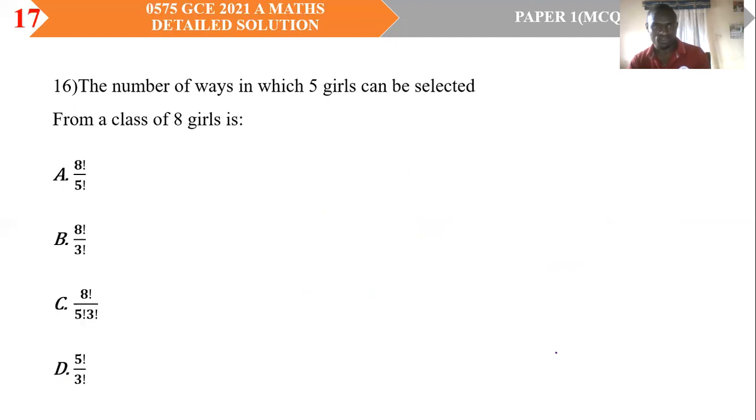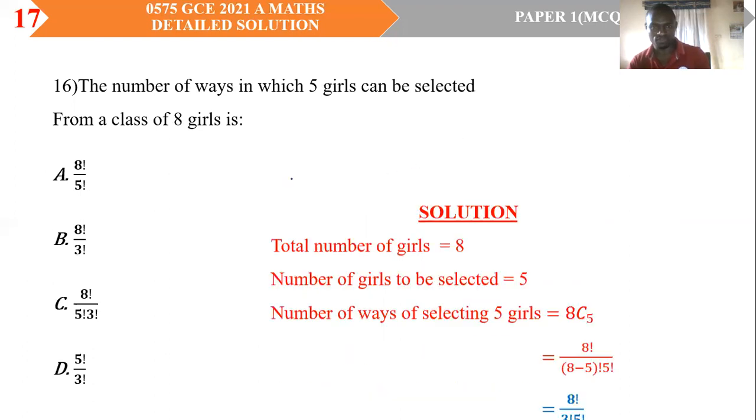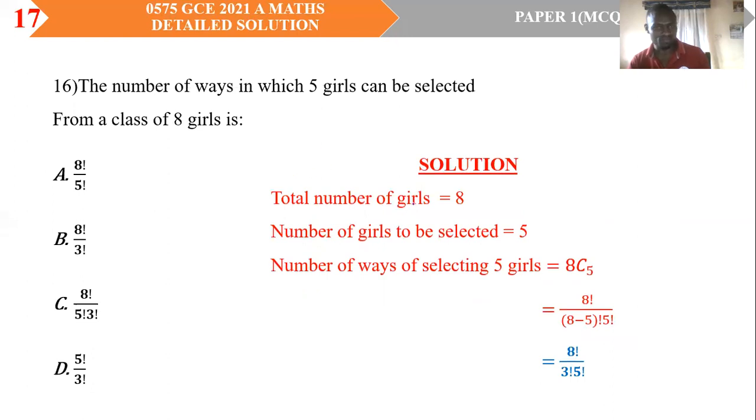Question 16. The number of ways in which 5 girls can be selected from a class of 8 girls is. Solution. Total number of girls equals 8. Number of girls to be selected, 5. The number of ways of selecting 5 girls from 8 is 8 combination 5, meaning choosing 5 out of 8.